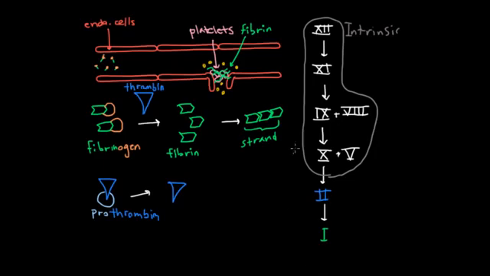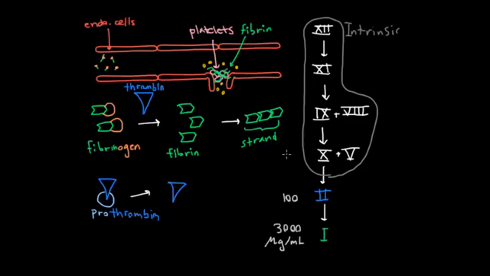Now I said that this was an amplification sequence, and so I just wanted to share a little data to show that that's true. So it turns out that this guy, factor 1, or fibrin, in its inactivated form, which is fibrinogen, has about 3,000 micrograms per milliliter in blood, while this guy has about 100 micrograms per milliliter in blood.